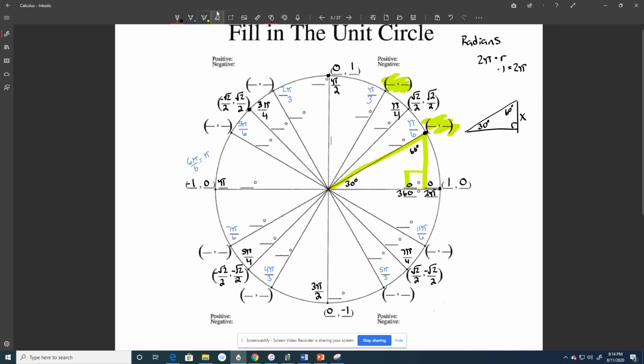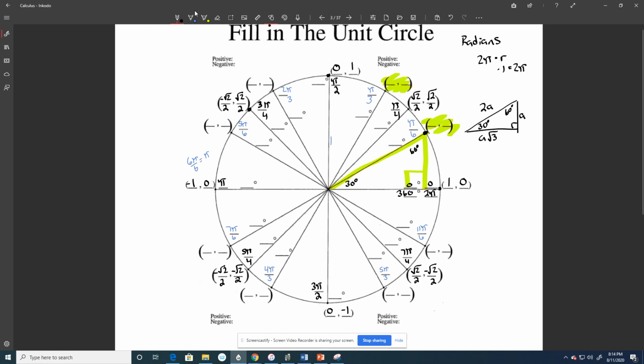In fact, maybe let's change that a little bit so we don't mix it up with the x that we're trying to figure out, the x value of this point. So let's call this length right here A. If that length across from the 30 is A, my hypotenuse is 2A. And the length across from the 60 degrees is A multiplied by the square root of 3.